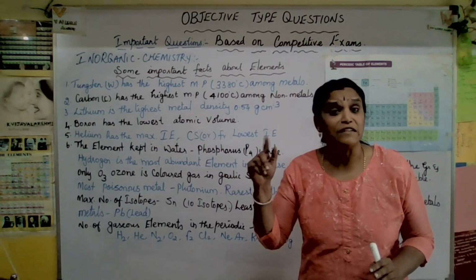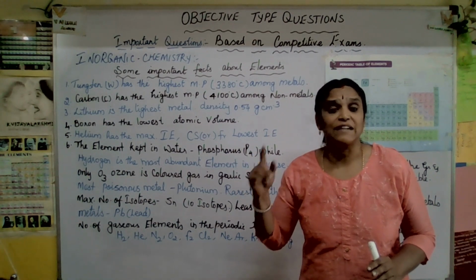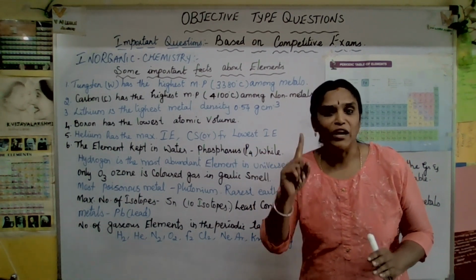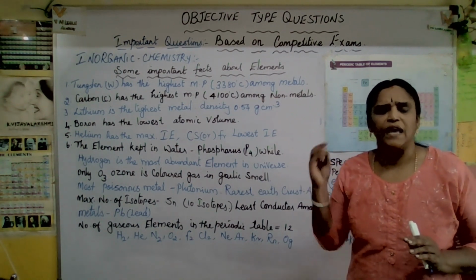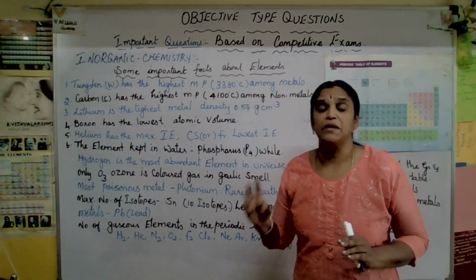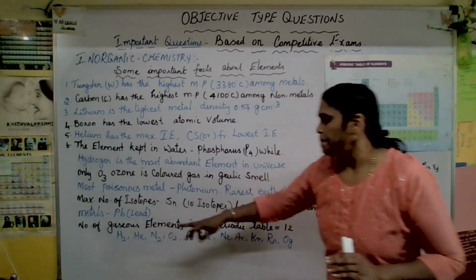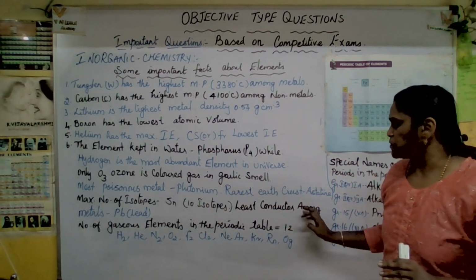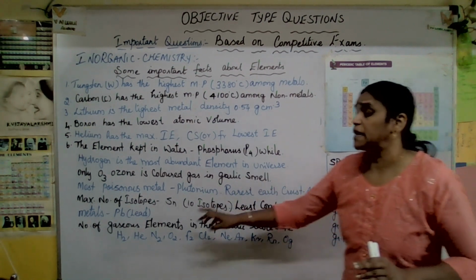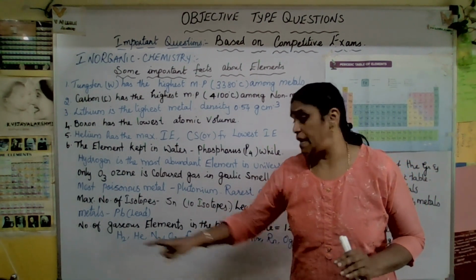Jupiter, it has 16 natural satellites. In the same way, Earth has only one, that is the Moon. Like that, all this information is very, very important. Least conductor among metals, it is plumbum, lead, Pb.